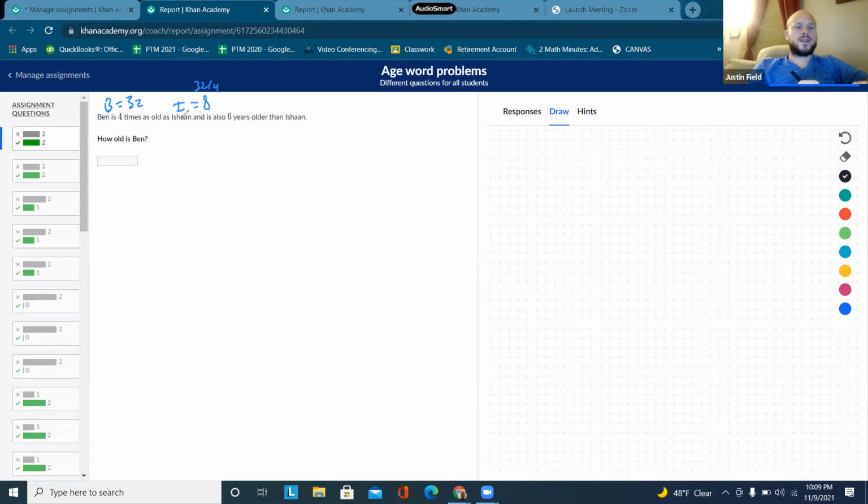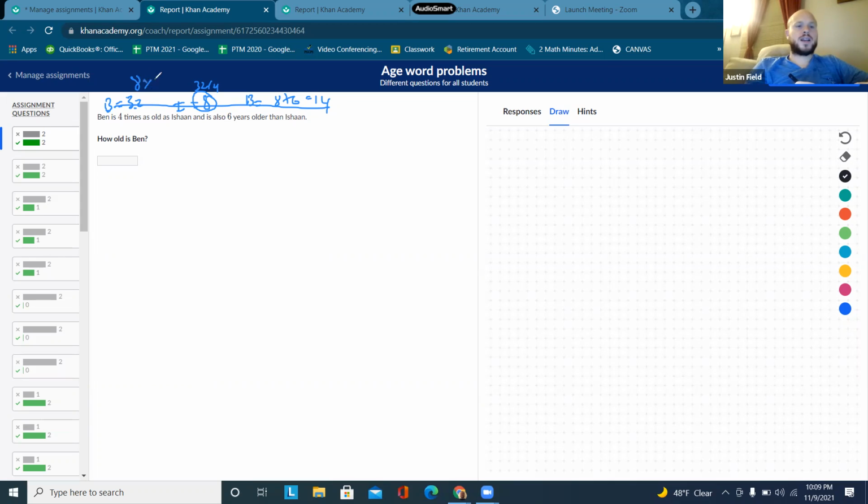So that, and then is also 6 years older than Ishan. So that would mean, add the 8 plus 6, right? That's 14. Okay, so Ben, we said he's 32, but that would make him 14. So we know that's not right. But anyway, we can see that we have to multiply Ishan's age by 4 in order to get Ben's age, right?